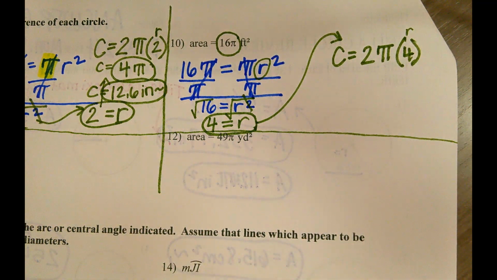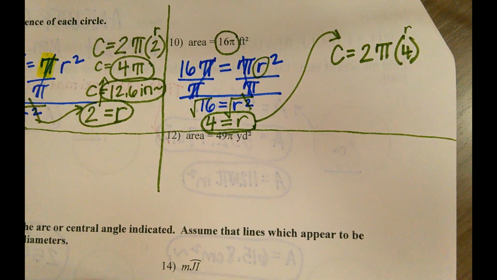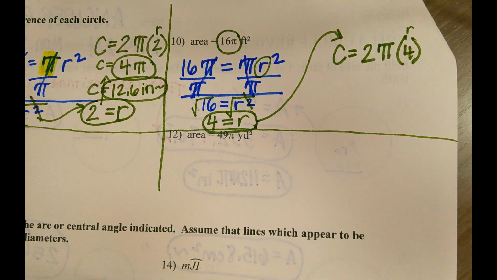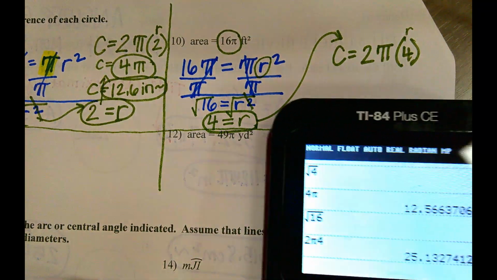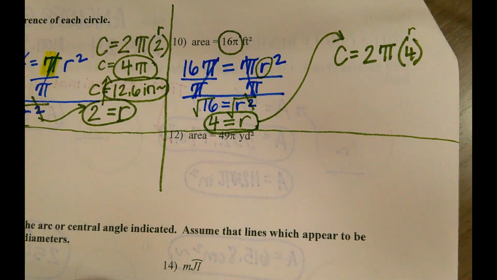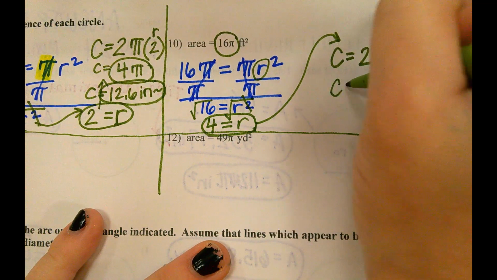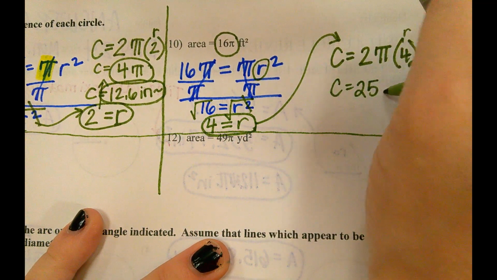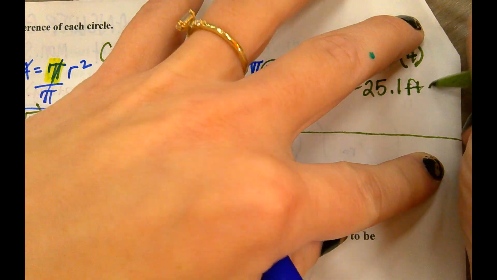So we can type that all in to get an approximate circumference. And I am getting 25.1 approximate. What would my units be? Feet. Good. 25.1 feet approximately.